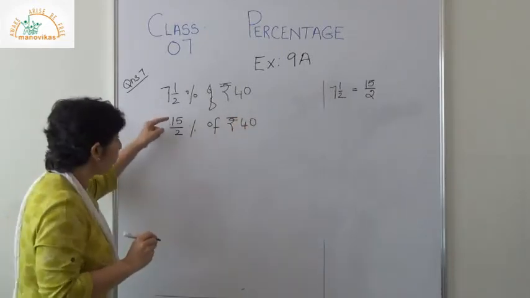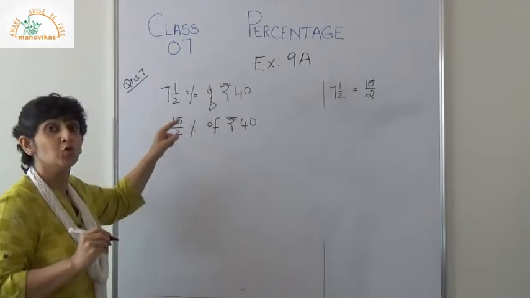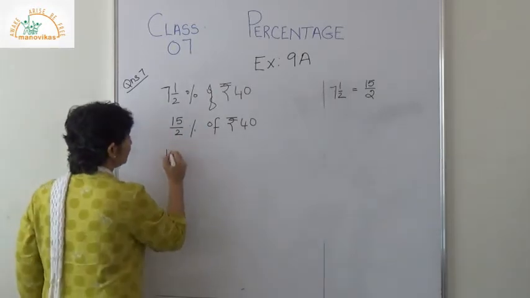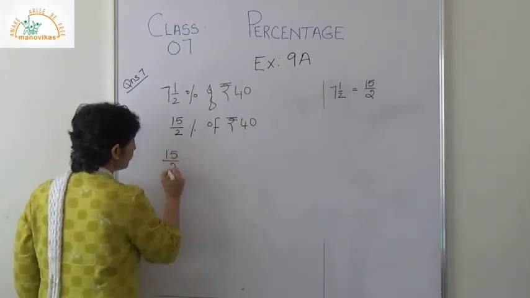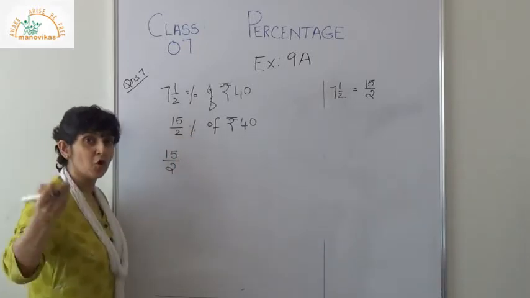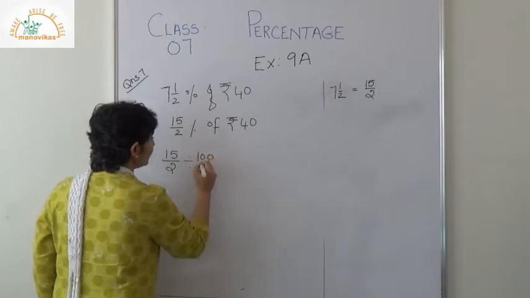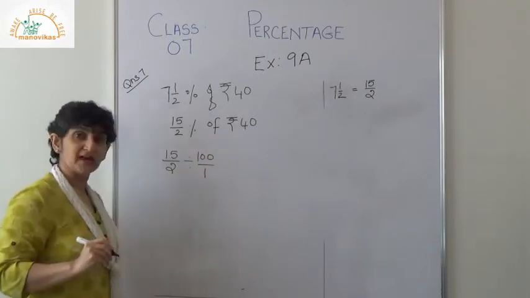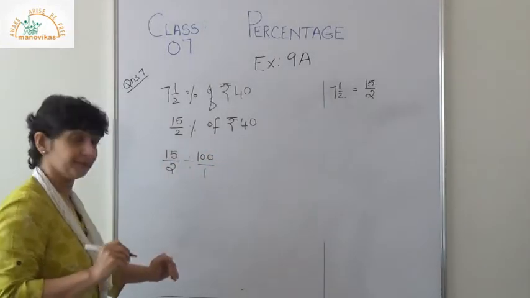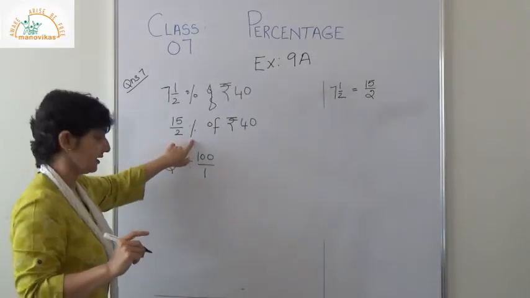Right? Now, what does 15 upon 2% mean? 15 upon 2% means upon 100, which also means divided by 100. When there's nothing, I will put it as 100 upon 1. Correct? So we finished it here.